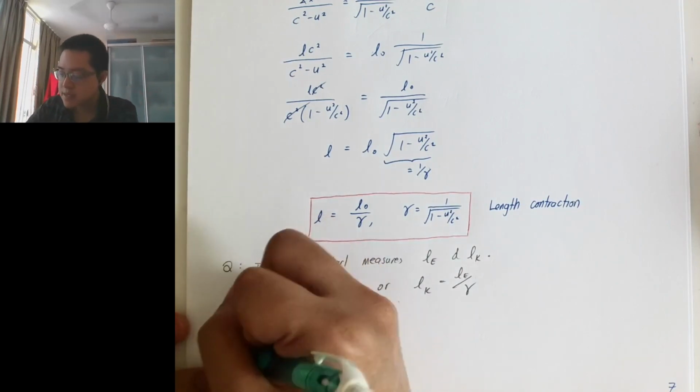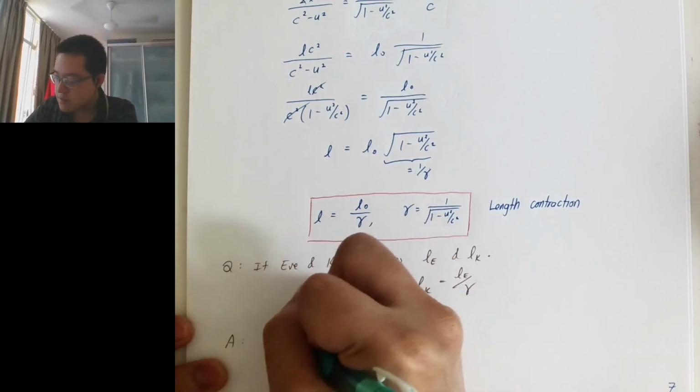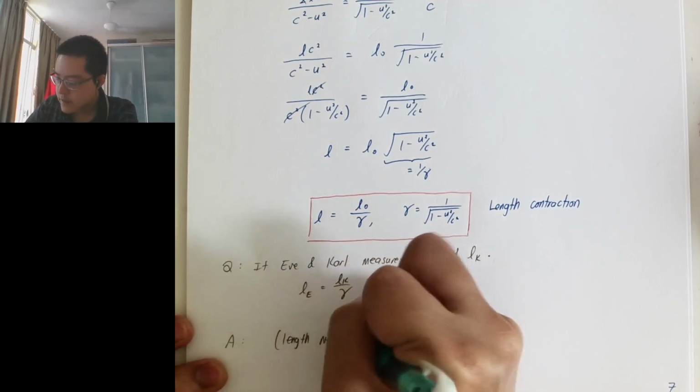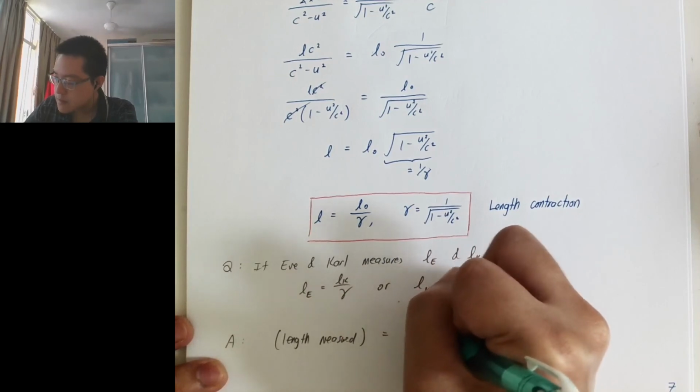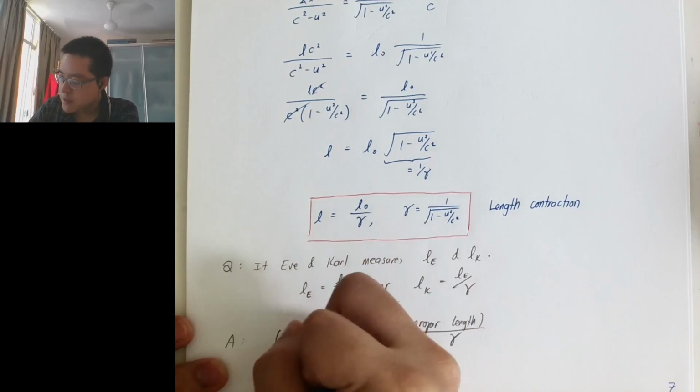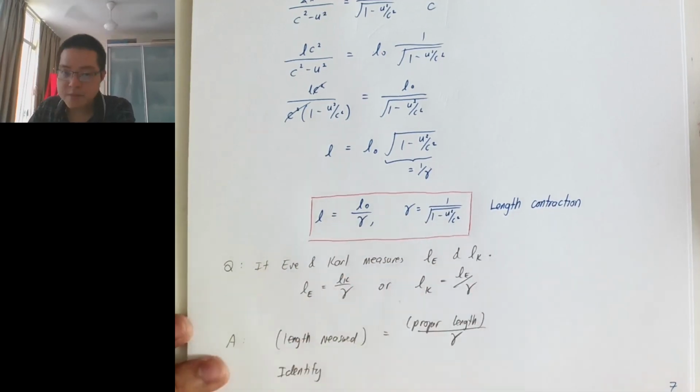So the answer is: length measured is equal to proper length divided by gamma. So we need to identify who has the proper length.